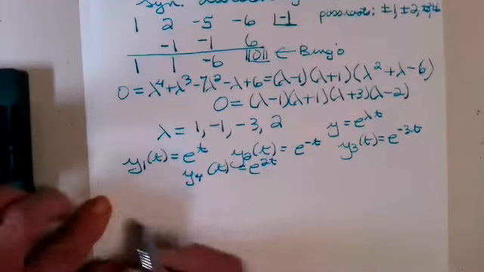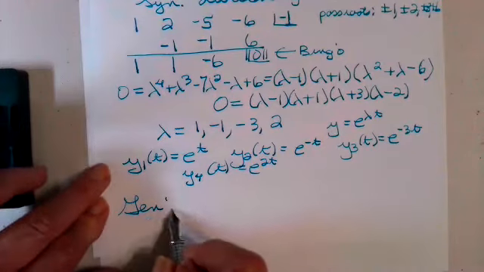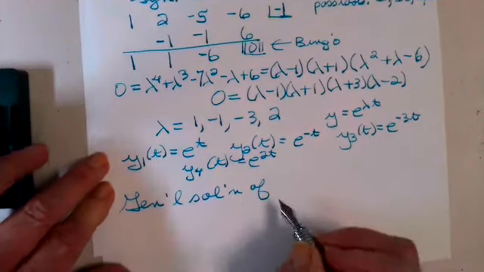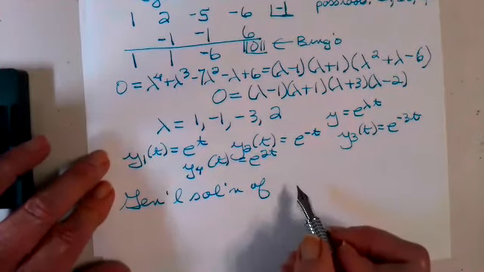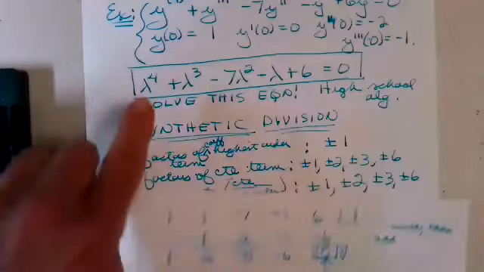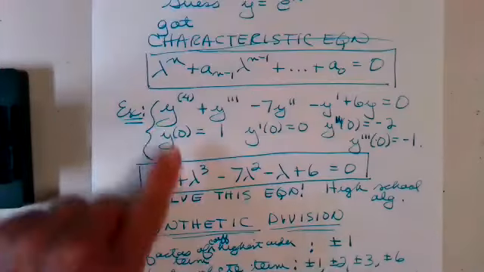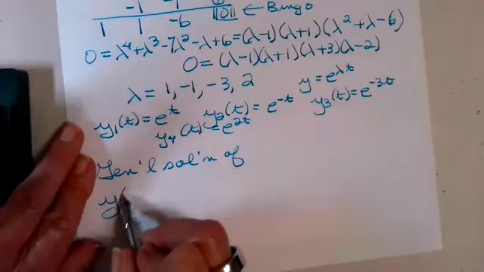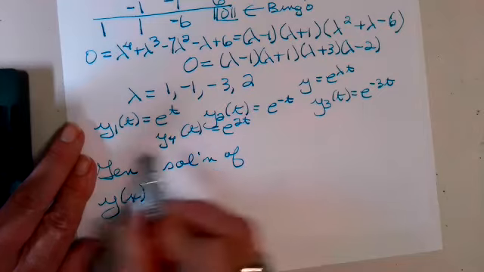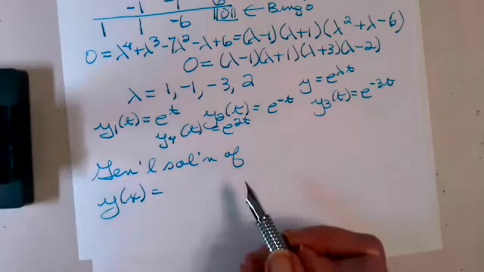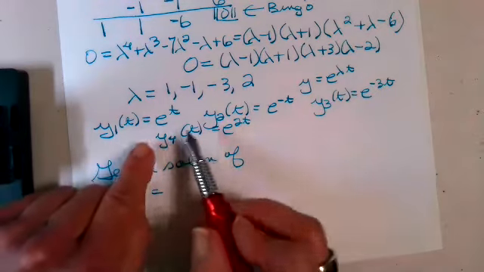Okay, so the general solution of the constant coefficient homogeneous example we started with, this example right here, is a linear combination of these 4 guys. A fourth order equation needs 4 linearly independent solutions.